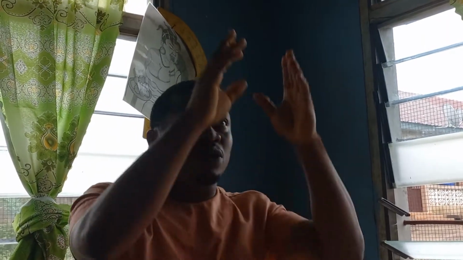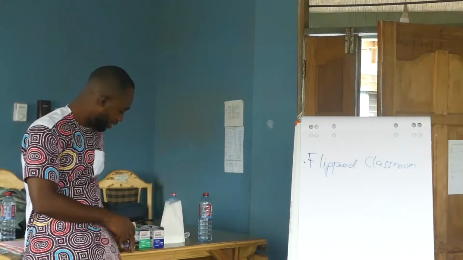By so doing, they are going to come out with the properties and the uses of these materials by themselves. They are going to do the talking, and you will not talk so much. Yes, I think this is how sometimes I go about teaching properties of materials and their uses. Thank you very much.